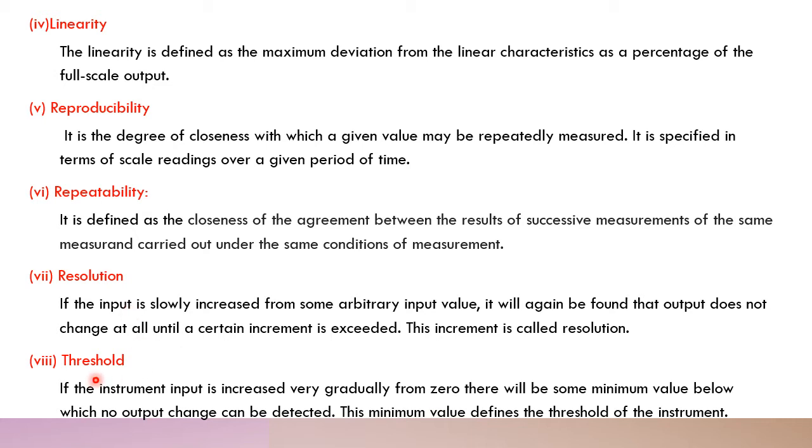Threshold, if you are slowly increasing the input, there will be no change in the output. After the input reaches a particular value, then only in the output there will be some change. So that particular minimum value for the minimum change in the input value for the required change in the output, that is called the threshold value.